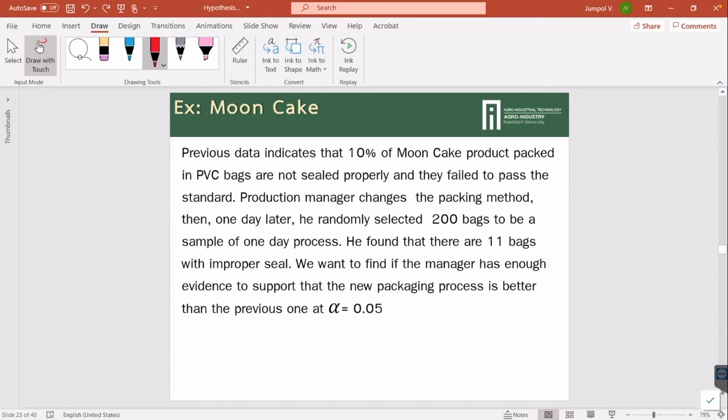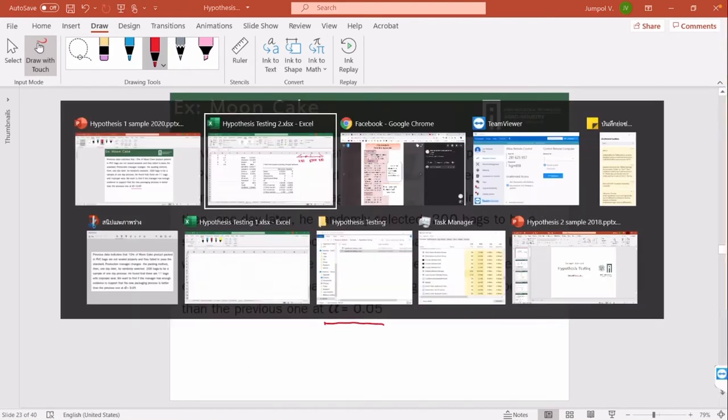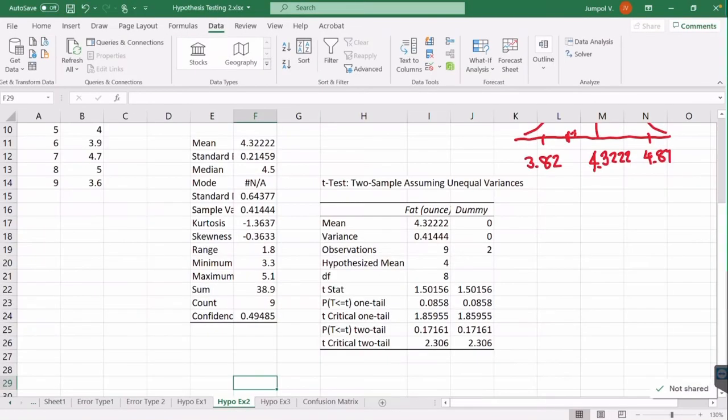He randomly selects 200 bags and finds that 11 bags are defective. Is this enough to conclude that the new method is significantly better than the old one, with alpha equal to 0.05?